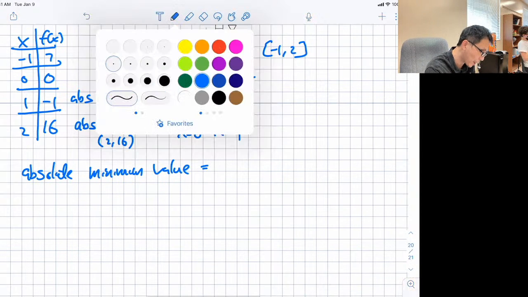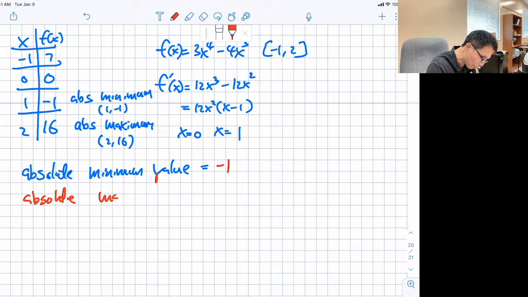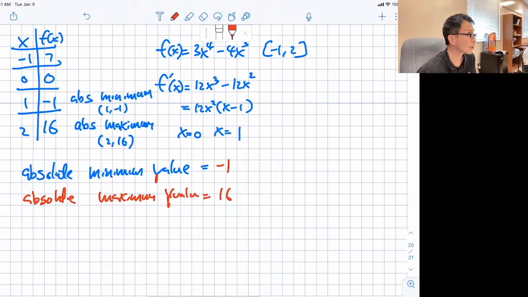I always told students: if something is value, that means y value. So the absolute minimum value is -1, and the absolute maximum value is 16. Just one number, the y value, the output.